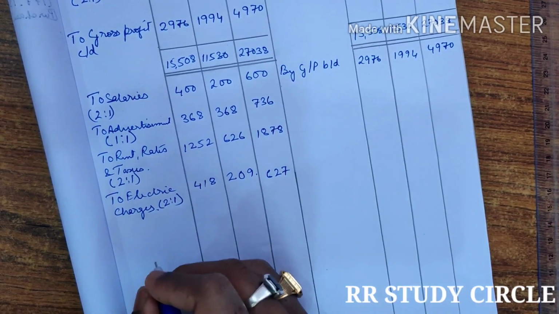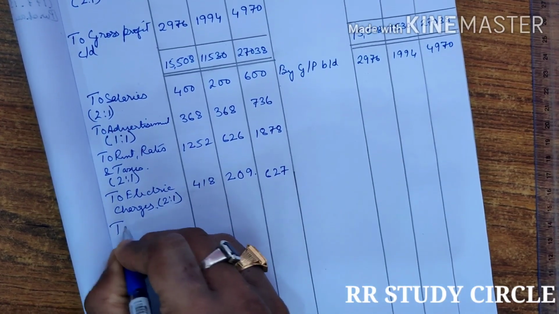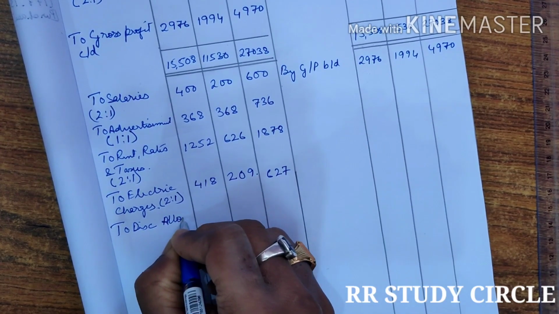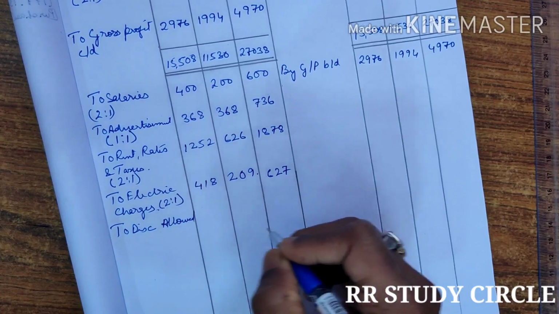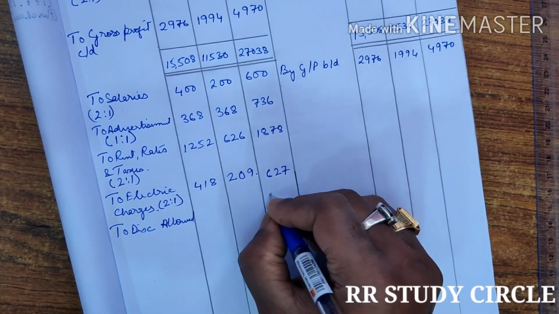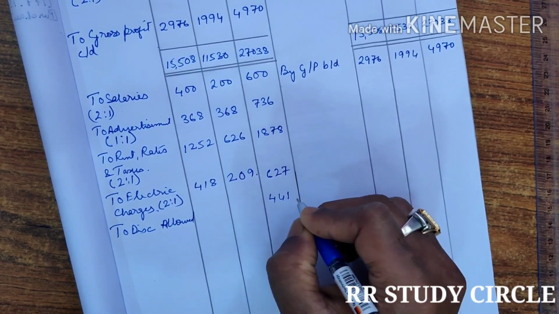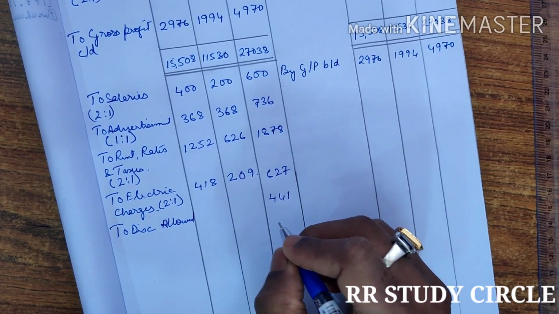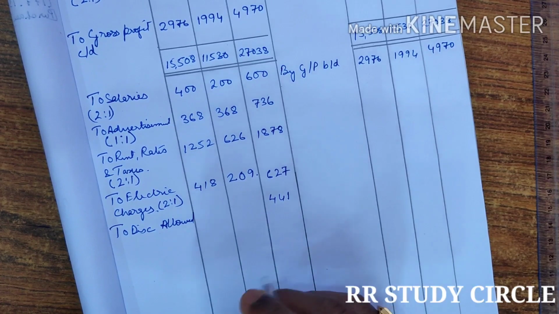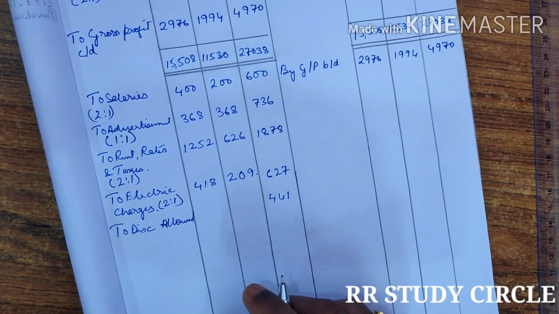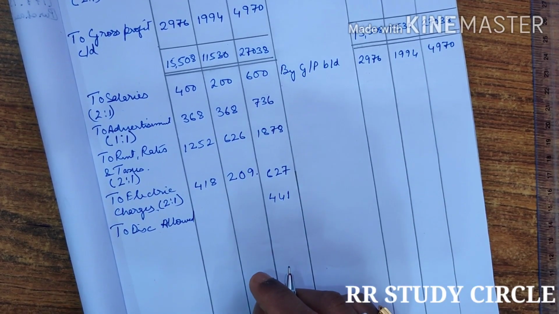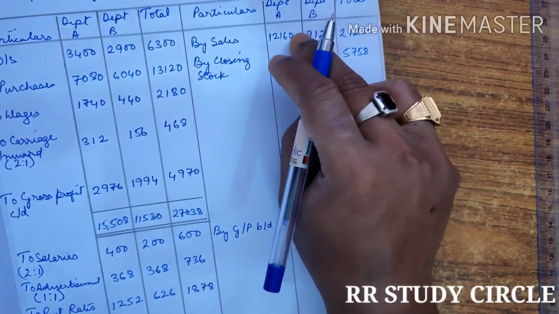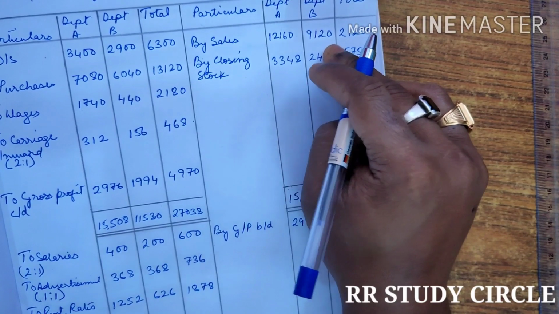Next, discount allowed. Discount allowed is your expense. The total amount of discount allowed is 441. It has been said that discount allowed and discount received are to be apportioned on the basis of departmental sales and departmental purchases. As you can see, the sales are 12160 to 9120.